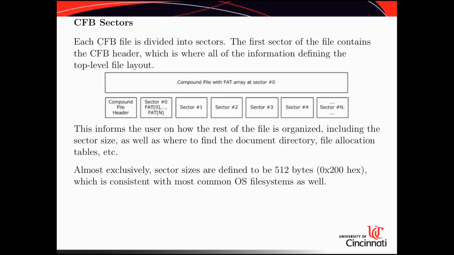There's a document directory in there as well, file allocation tables, and all that stuff. Almost exclusively, as I mentioned, the sectors are 512 bytes, which means that you can break the file up into sections of 512 bytes.